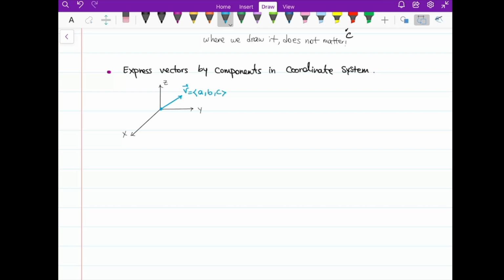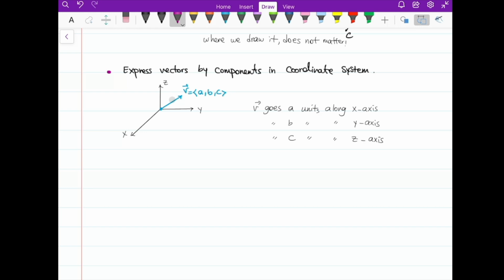What are a, b, c? So v goes a unit along x-axis, it goes b units along y-axis, and it goes c units along z-axis. Okay, and so a, b, and then c would be exactly the coordinates of this point in here. So starting at the origin, we can show this component to express the vector v.